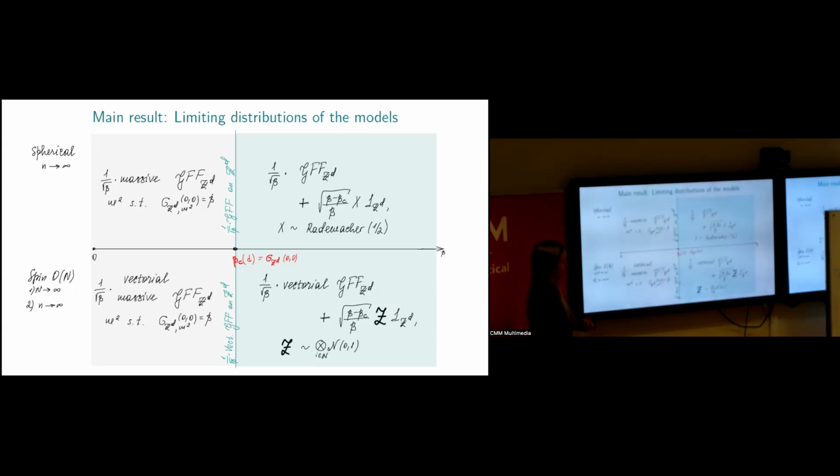And the most interesting one, and actually the one which required the most work, is the critical temperature, and that one also appears to be completely new in the literature. So basically here, we expect, of course, that we just get the GFF, but in dimension 3, it was actually a pain to show it.